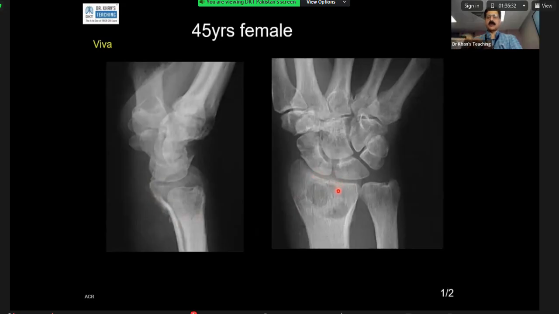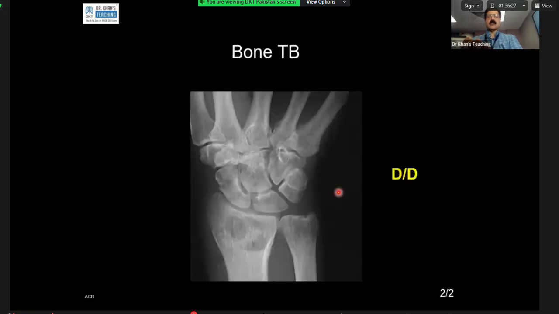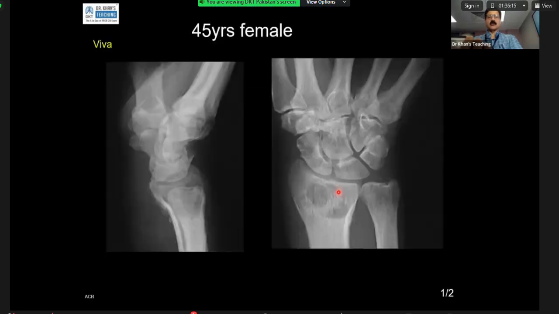So it was absolutely perfect here. Then you said differential diagnosis, infection. And by the way, non-TB infection can also be kept in the differential. Nobody is expecting that you will call it a TB.